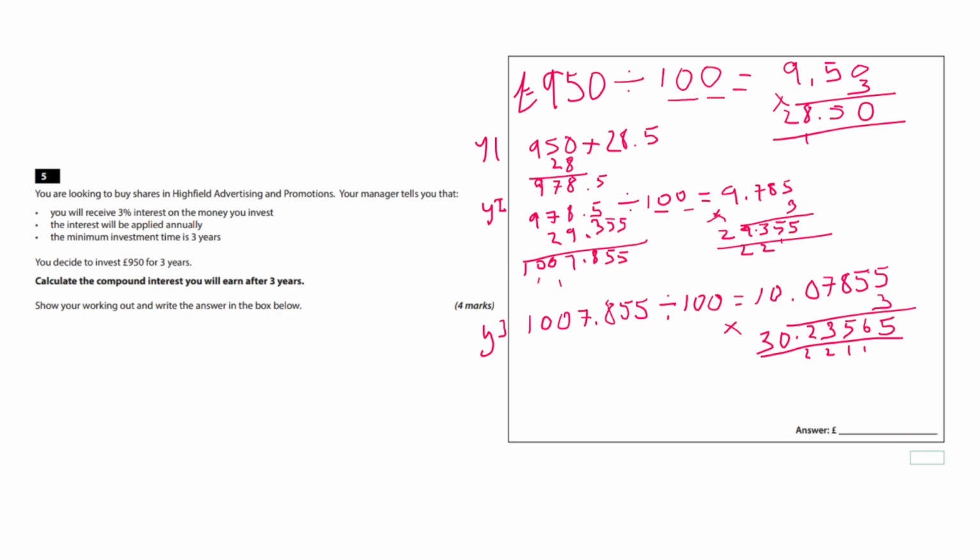Now what's being asked is what is the compound interest that has been acquired on this £950. So that's this number here, added to this number here, added to this number here. So let's just add those up, and that will give us our total compound interest.